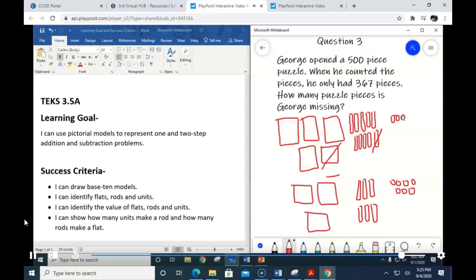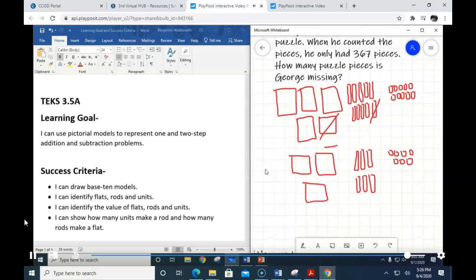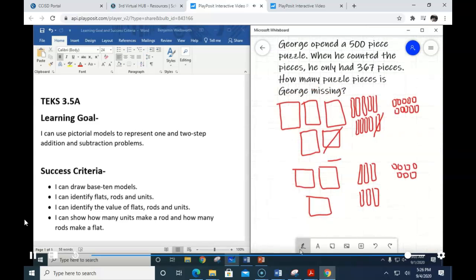See that? Super awesome, right? So I regrouped all the way from the hundreds place to be able to get some tens and be able to get some ones in there so that we can do our top to bottom solving here, right? All right, let's move this down just a tad so we can see what we're working with here.